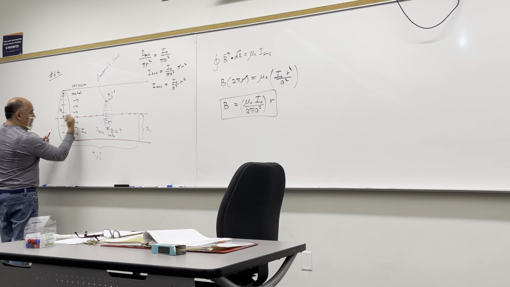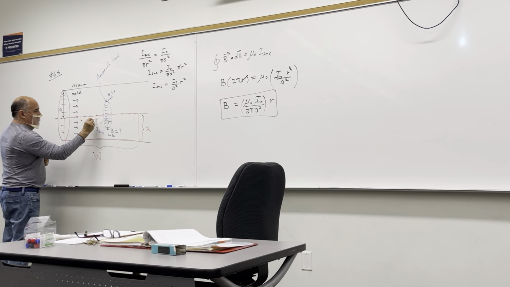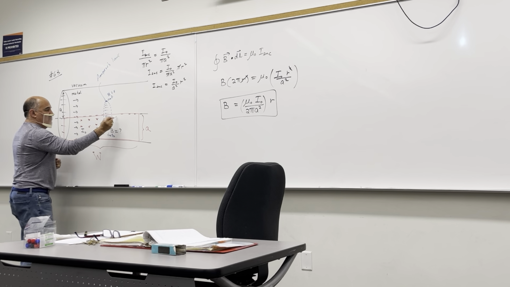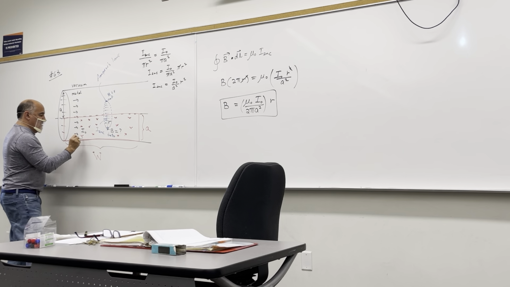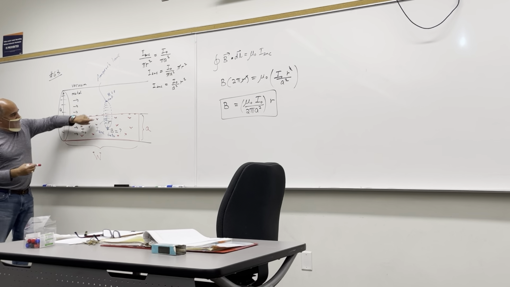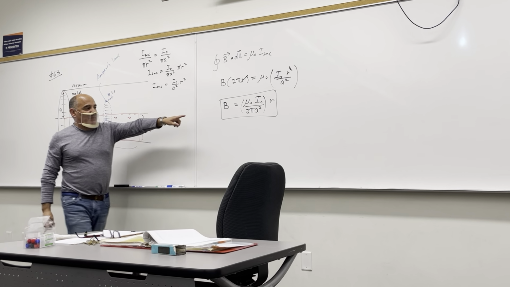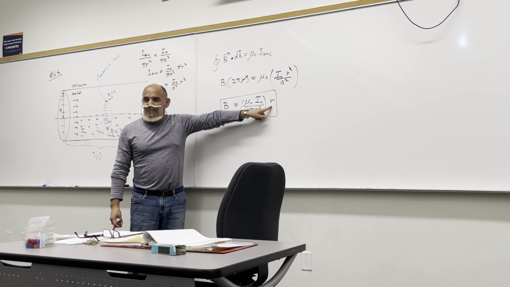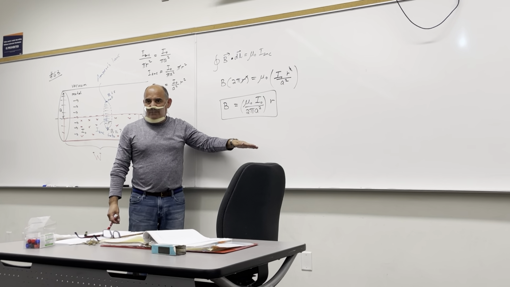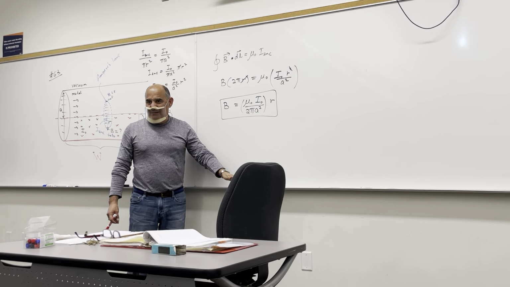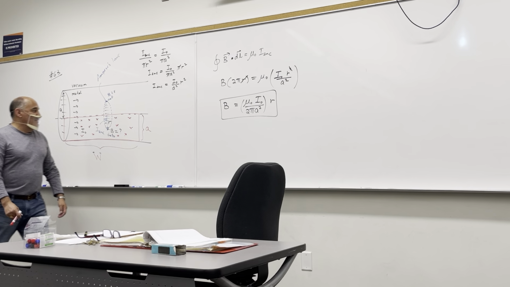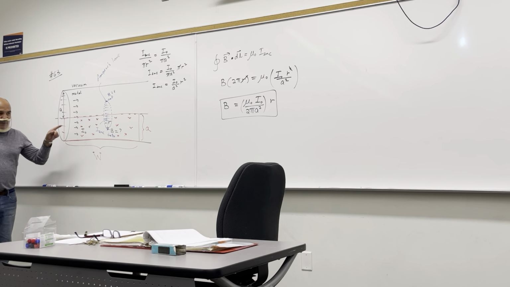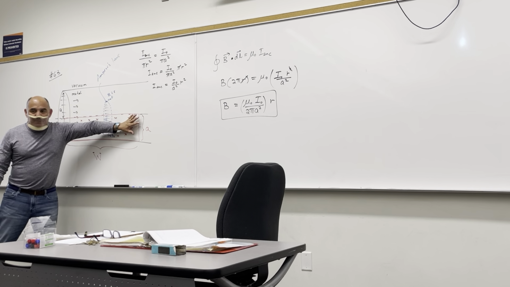The magnetic field all over the place is into the board. But notice that the magnetic field depends on the distance away from the axis. The further away you go from the axis, the stronger the magnetic field becomes. So how do I figure out the total magnetic flux through this plane?